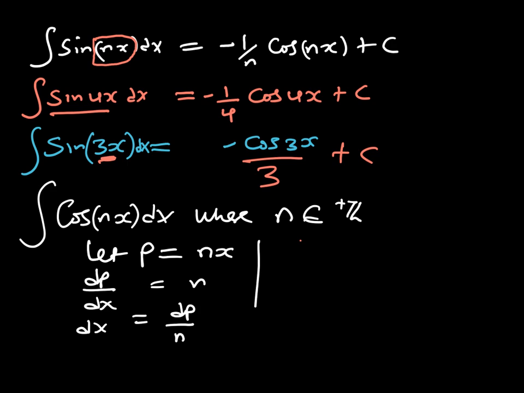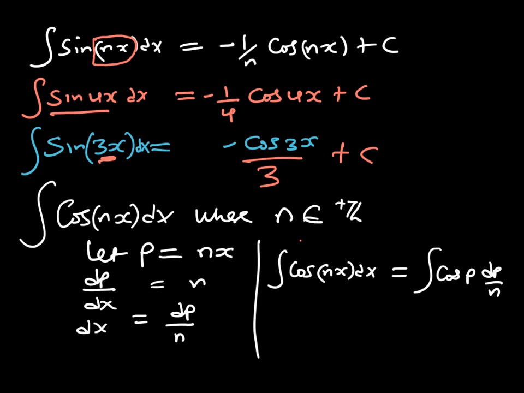So the integral of cosine nx dx will now be equal to the integral of cosine of p, then this is dp out of n. But since n is a constant, you can pull it outside and it becomes 1 over n.